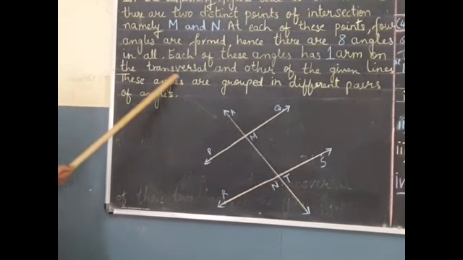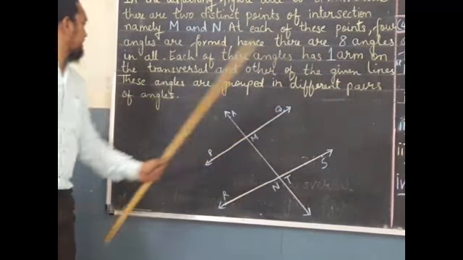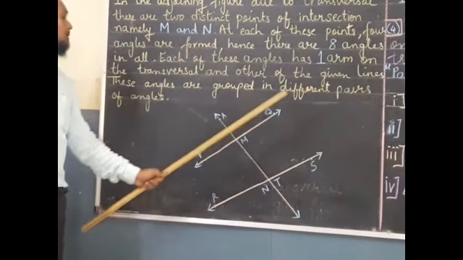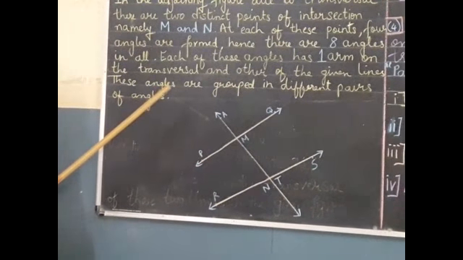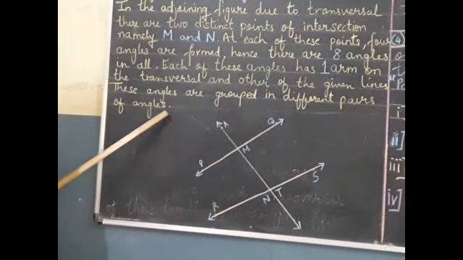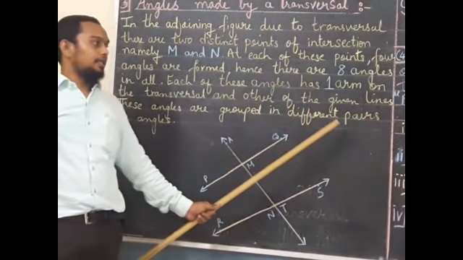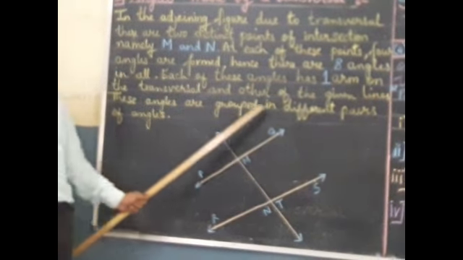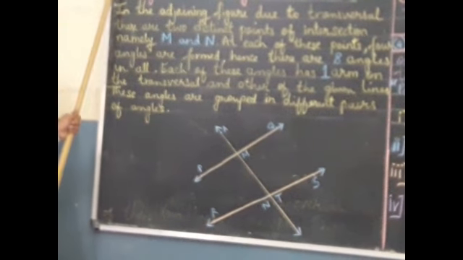These angles are grouped in different pairs of angles. Pairs means in Hindi, हम उसको बोलेंगे जोड़ी.